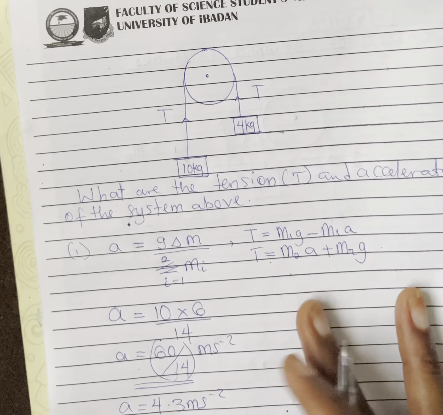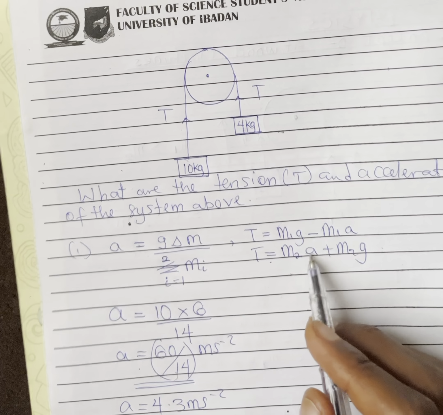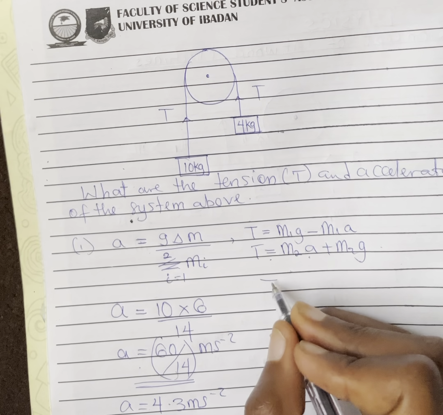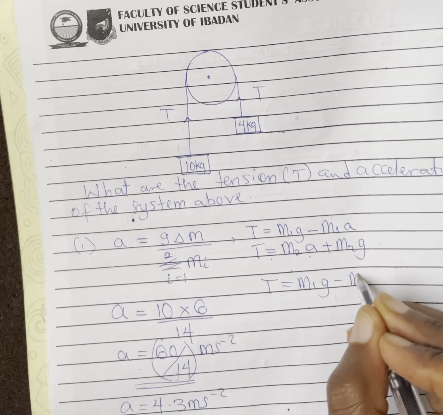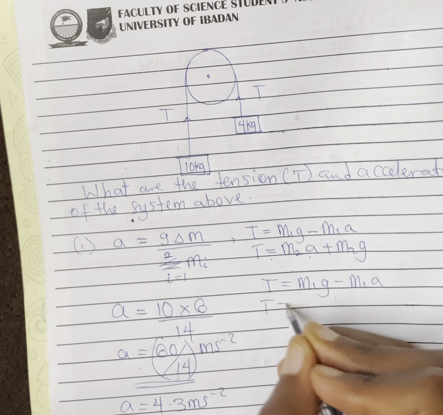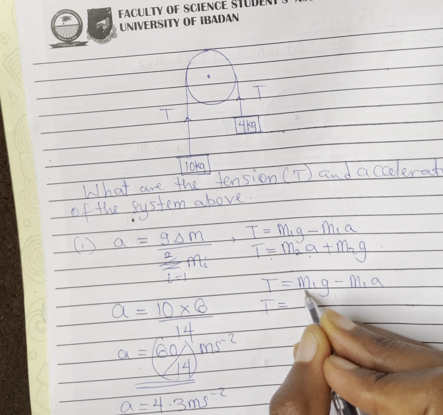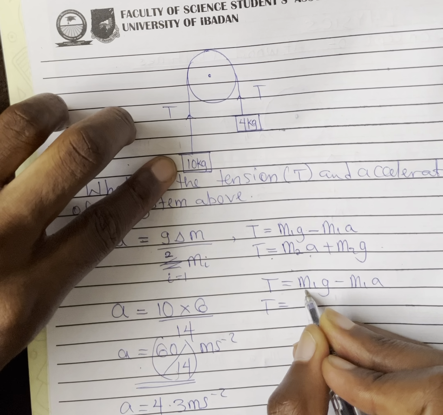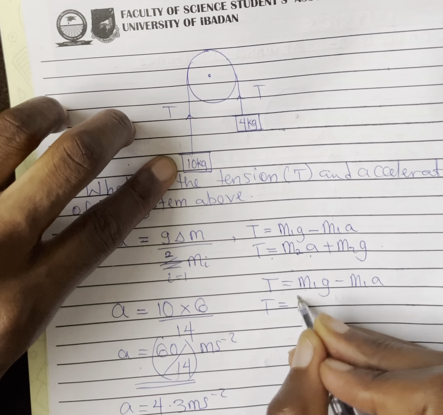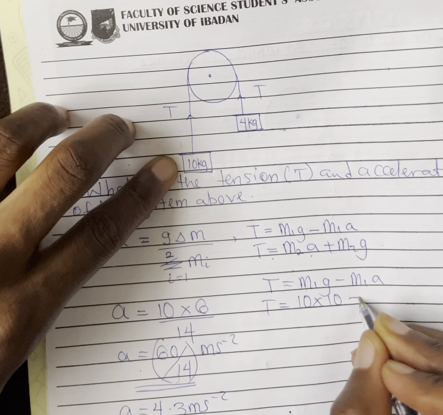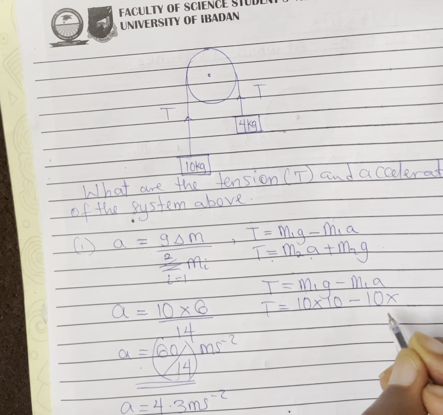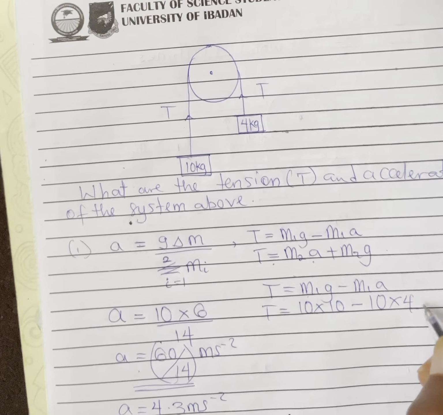Now to calculate the common tension, I'll make use of one of these equations. So I have T is equal to m1g minus m1a. So T now equals, m1 is the highest mass, 10, times the g, which is 10, minus 10 times our acceleration, which is 4.3.